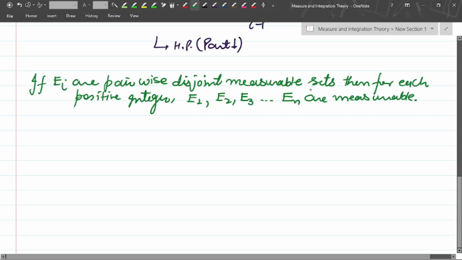It means for all positive integers 1, 2, 3, 4, and so on, these are measurable sets.